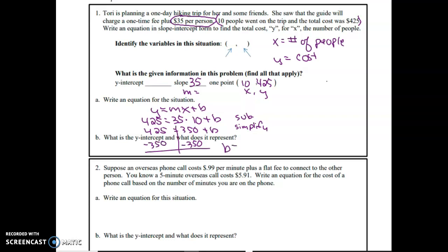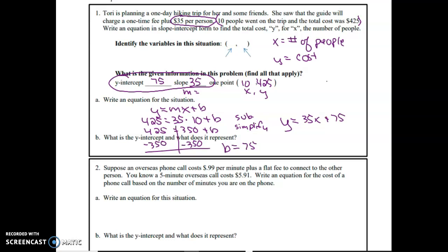And I get b equals, guys use your calculator at the same time I am, 425 minus 350 is 75. Okay, so 75 is my b. Now that I have these two pieces of information, I can write my equation. Y equals 35x plus 75.